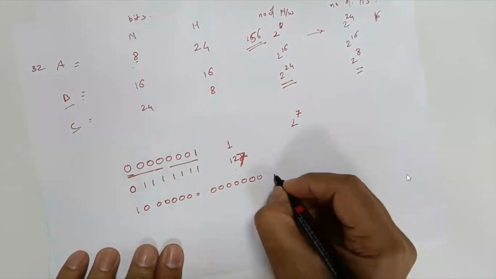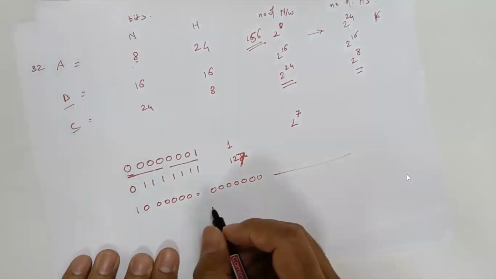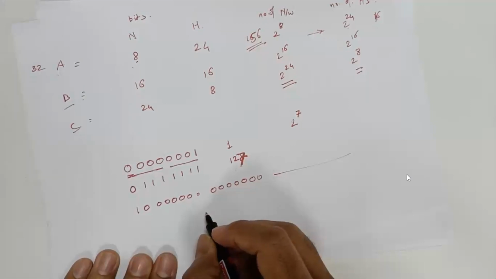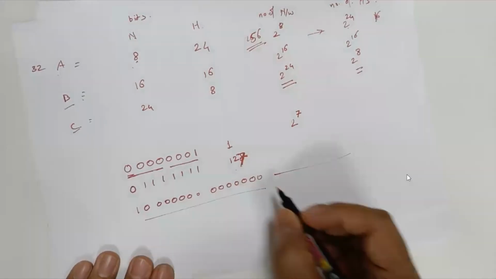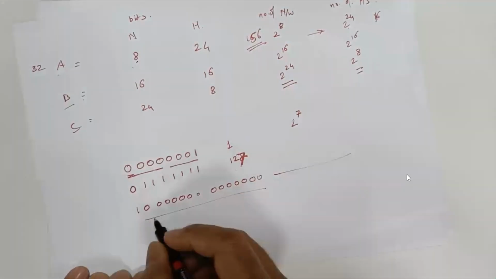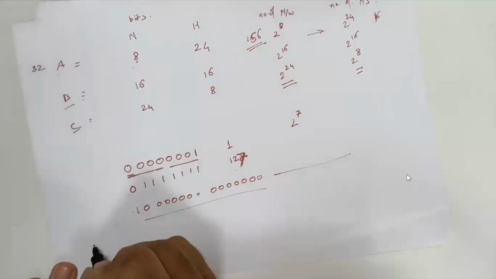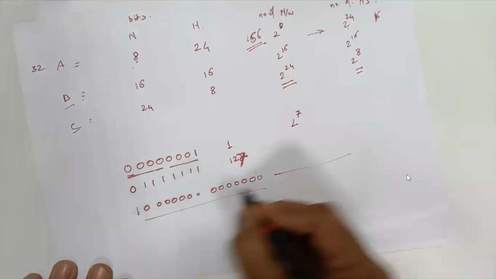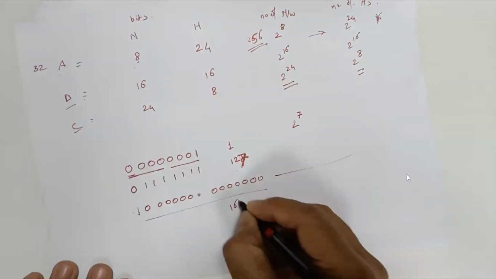What is this number? This is 1 and all zeros. These are 16 bits.